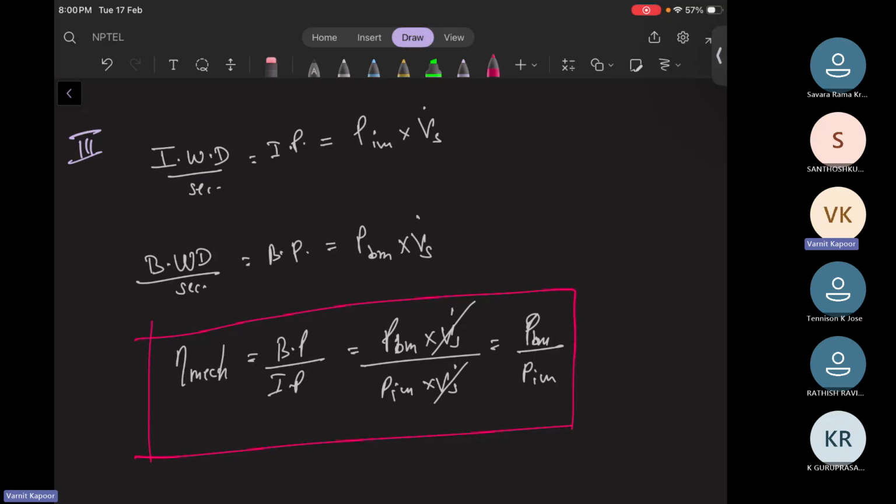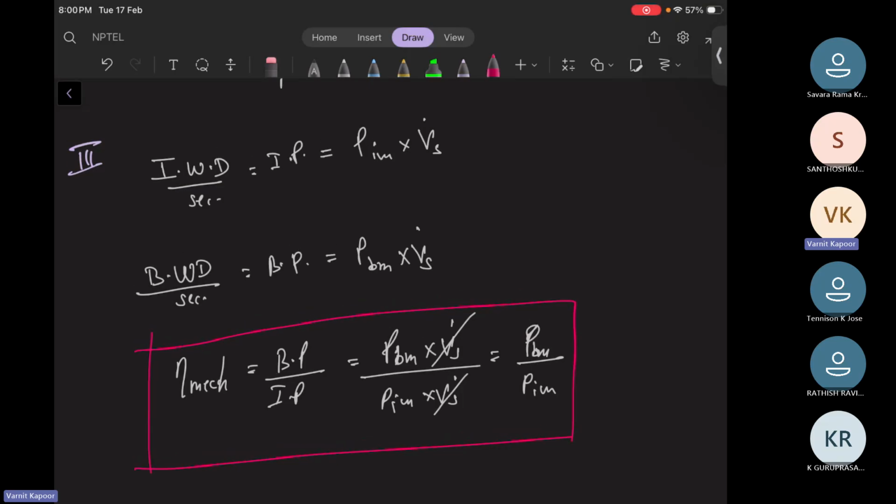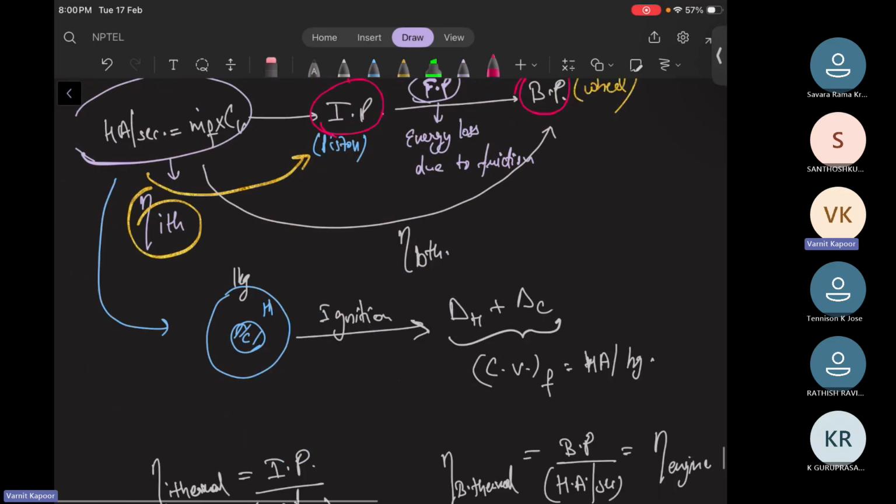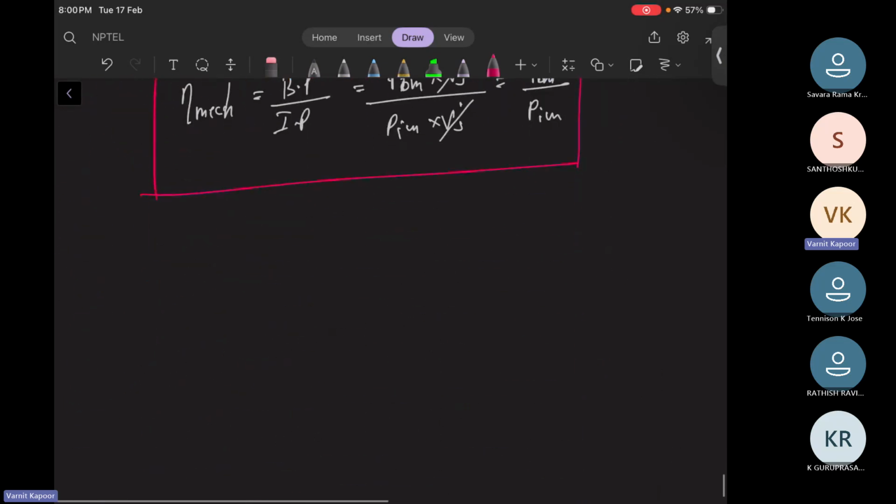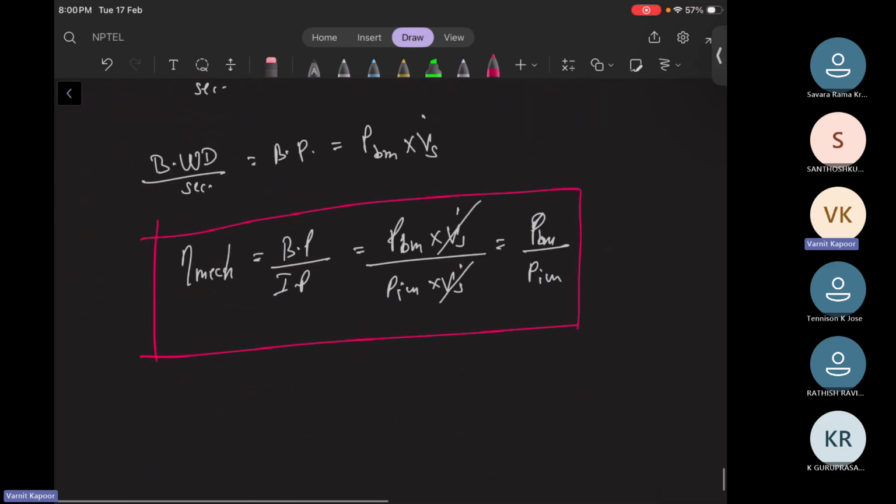Then we have a terminology of specific fuel consumption, but I will relate this later. I think this is for specific fuel consumption. We will come into the next session. Okay. I hope this is all clear till today. And do you have any doubts? I hope everything will be clear.